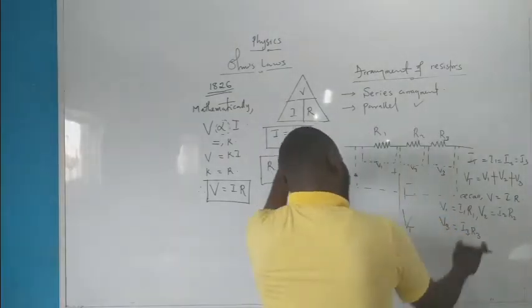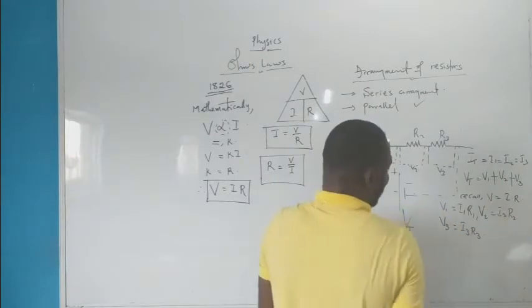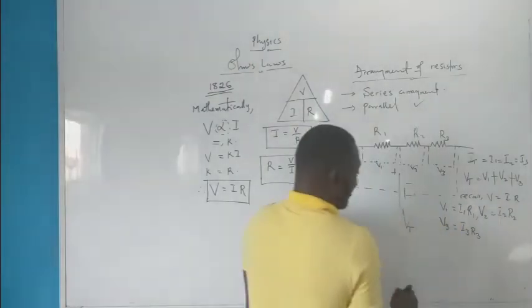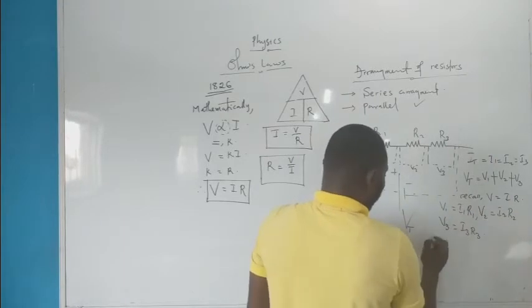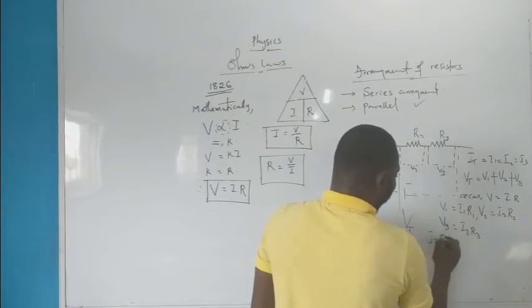Then substitute in the value for V. So V total will be I total R total.